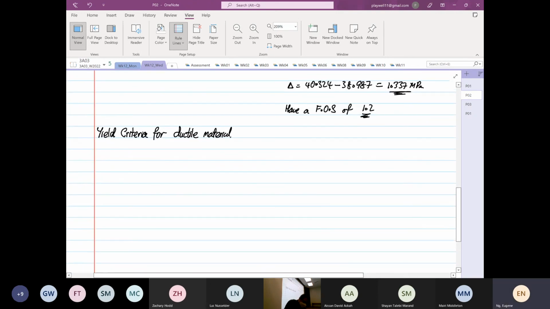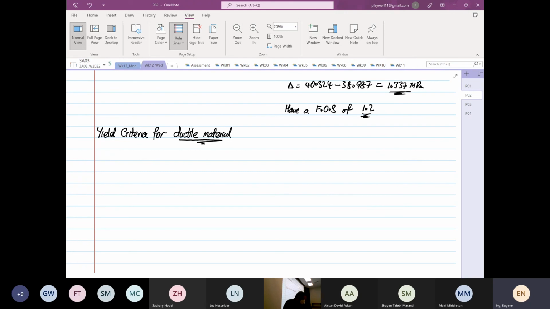And the emphasis here is that this is only suitable for ductile material. We cannot use it for brittle material.